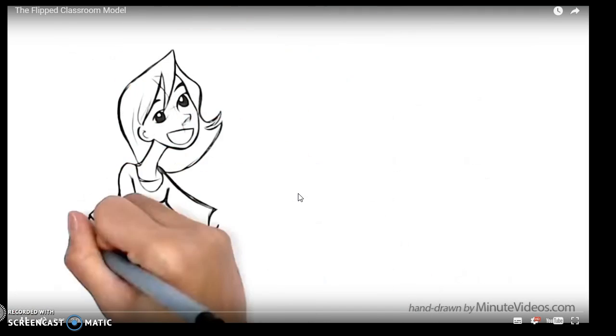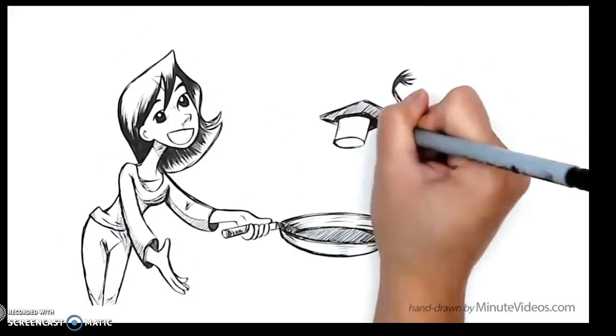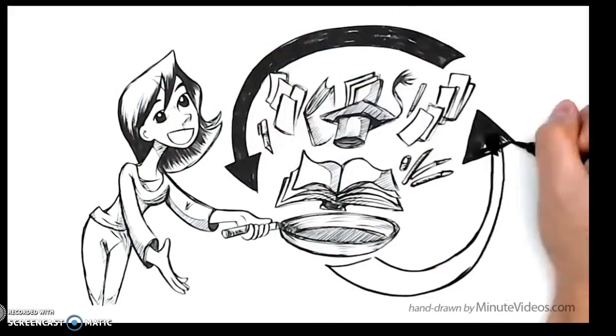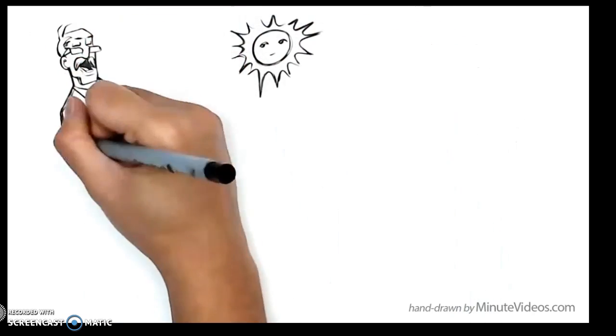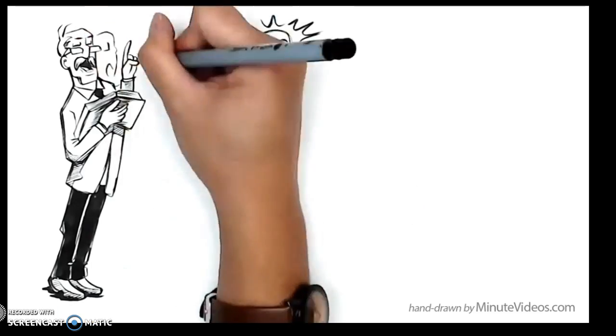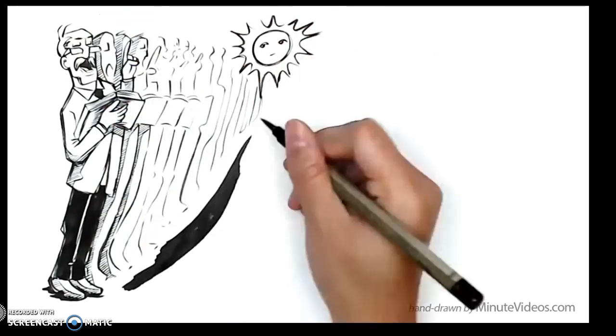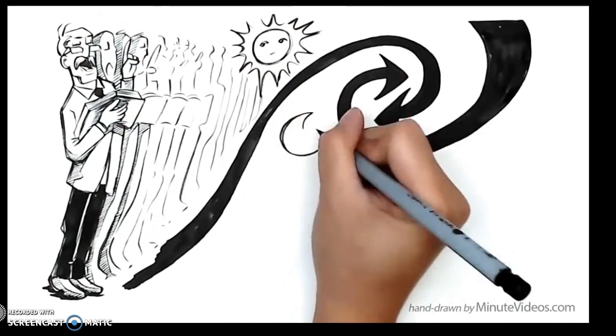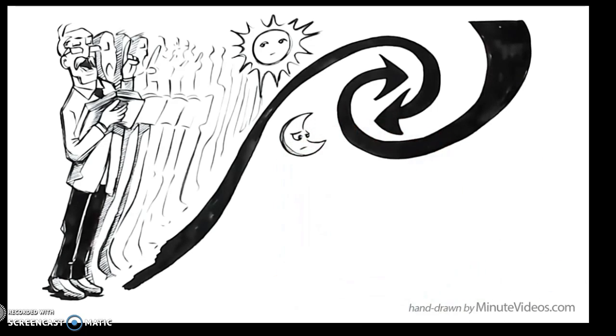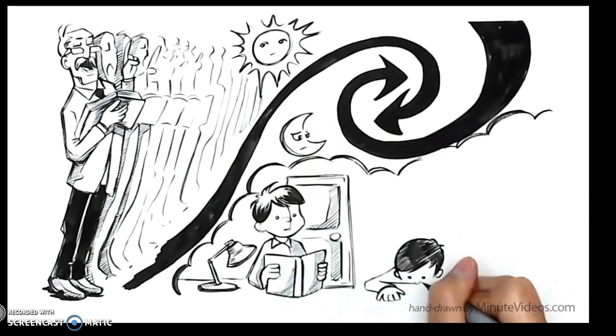The flipped classroom is a new method of teaching that is turning the traditional classroom on its head. Every day, thousands of teachers deliver the exact same lesson in class to millions of students. Every night, millions of students sit over the exact same homework, trying to figure out how to solve it.